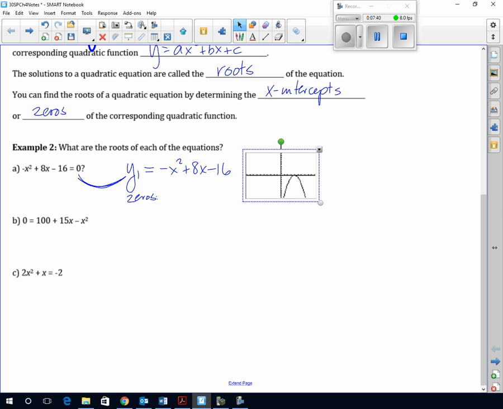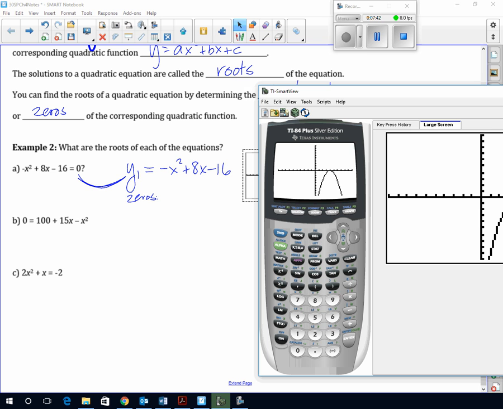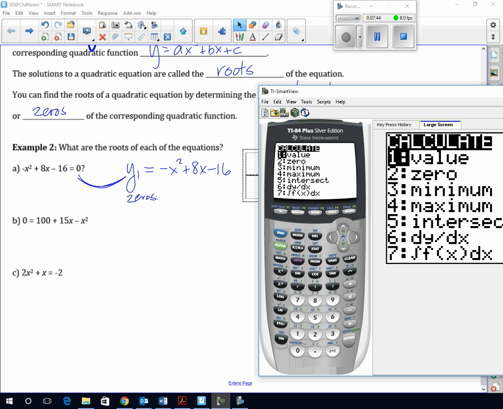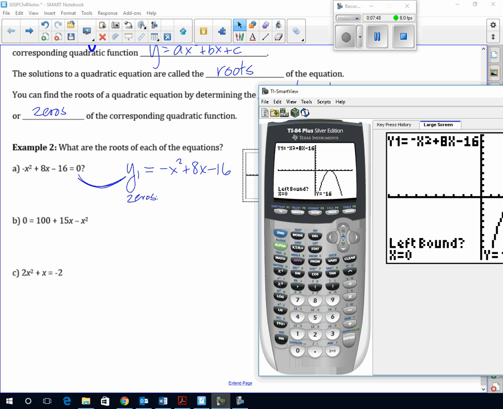I know the 0 is right there, so I have to be on the left of that. Am I on the left of that? No, I have to keep going. There we are. Now I can see I'm on the left of that 0. Does everybody see? Then I press enter. Then I go on the right of that 0, on the other side. Doesn't matter where. Then press enter.